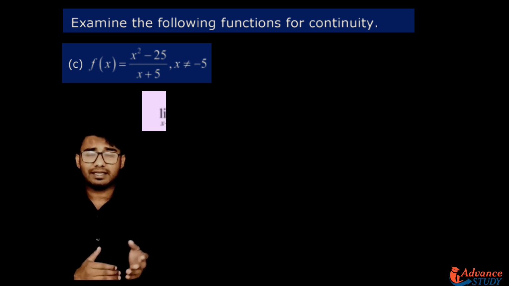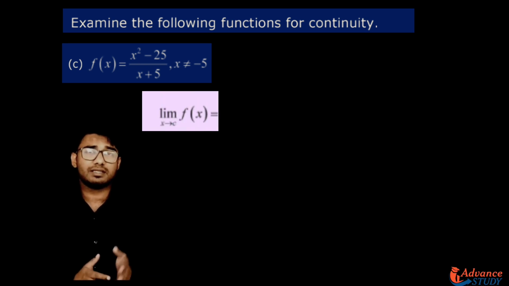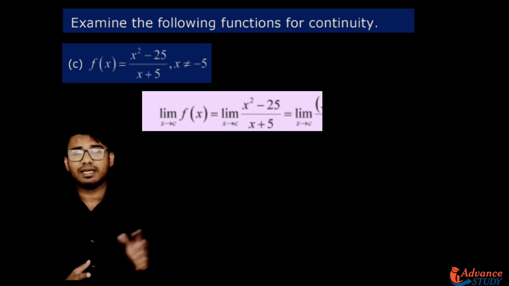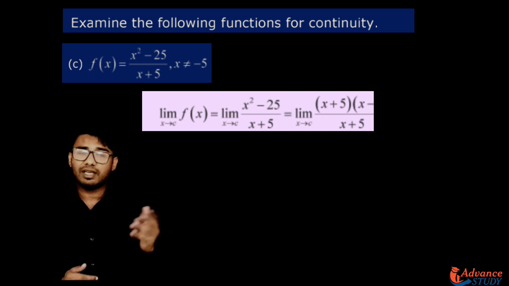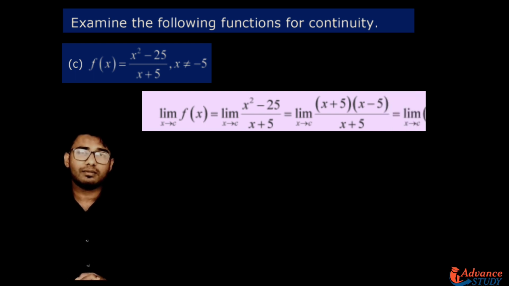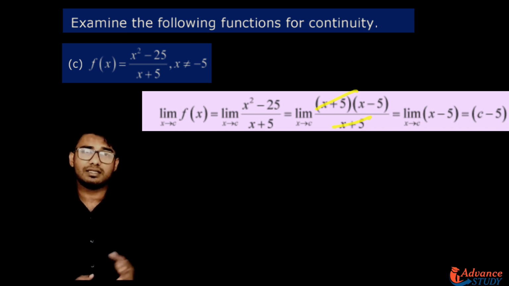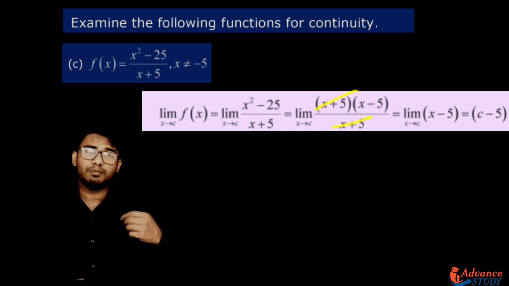So the limit as x tends to c of f(x) is equal to the limit as x tends to c of x square minus 25 upon x plus 5. We can apply the identity: x plus 5 times x minus 5 upon x plus 5, we can cancel, and the answer will become x minus 5. So when we put the limit, it will become c minus 5.